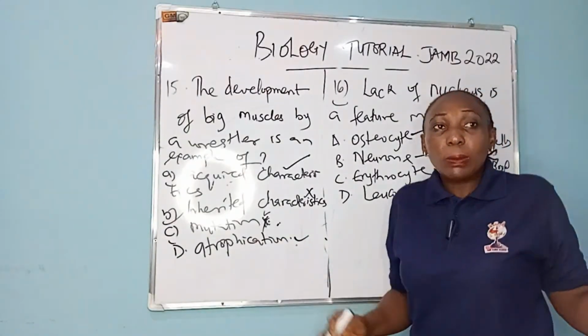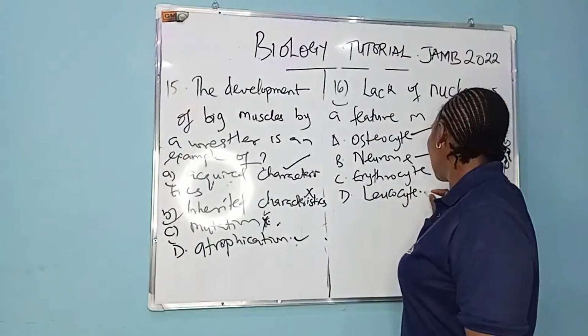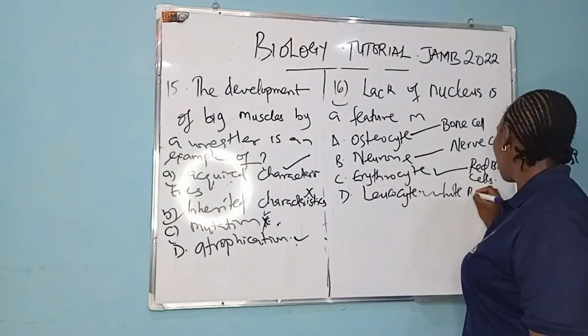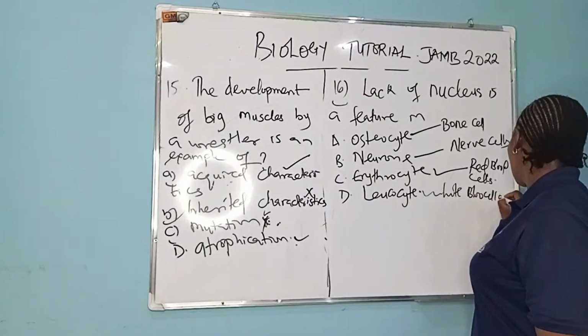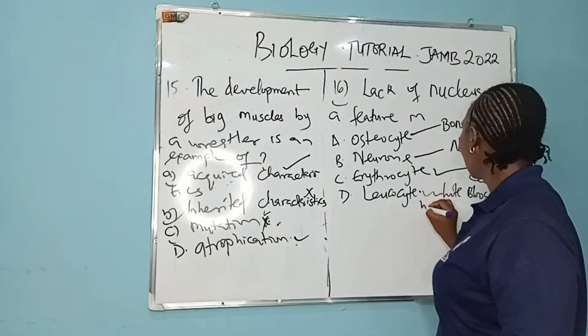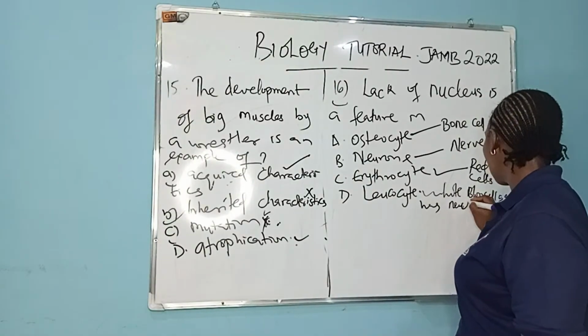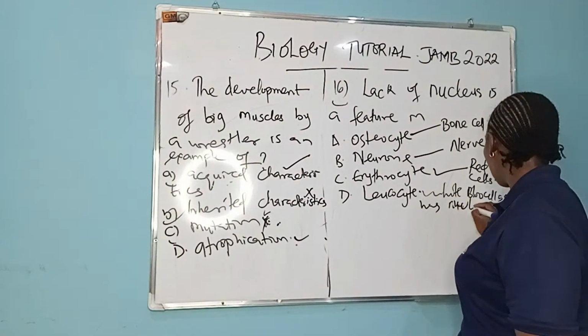Absence of nucleus means more space to carry oxygen. Then the leukocyte is the white blood cells, and there is presence of nucleus. It has nucleus.